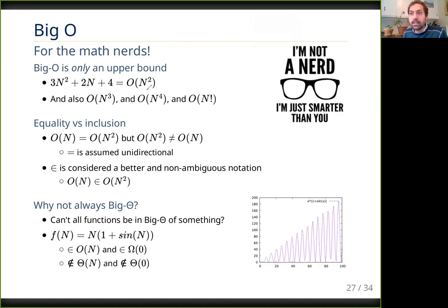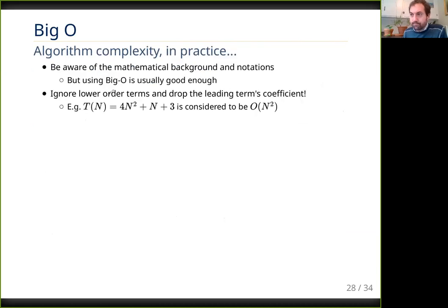Okay, so let's drop the math a little bit and go back to some code. It's good to understand all of those mathematical notions, big O, big omega, and big theta, in terms of what they describe and how they are mathematical tools to describe functions and curves and express bounds.